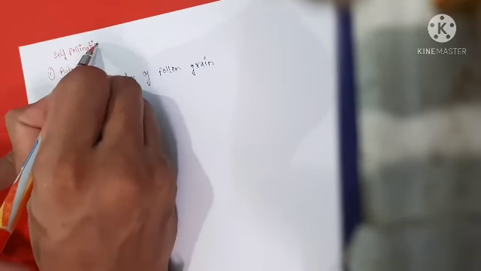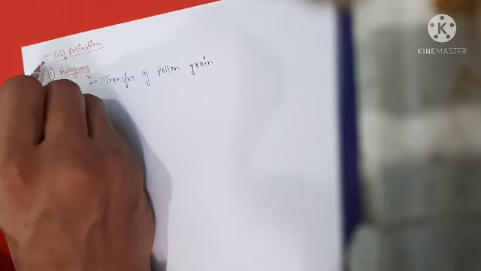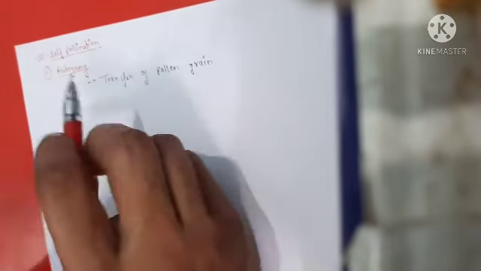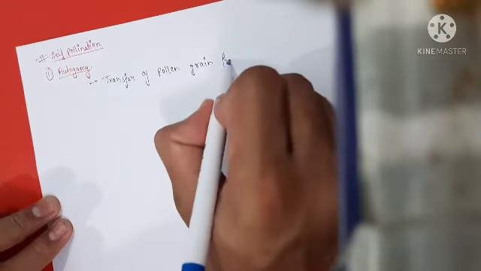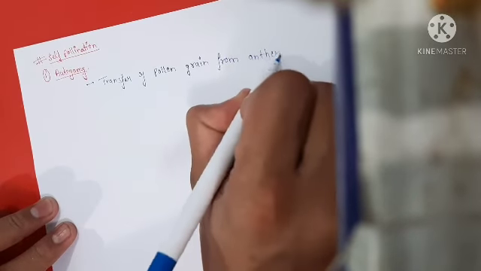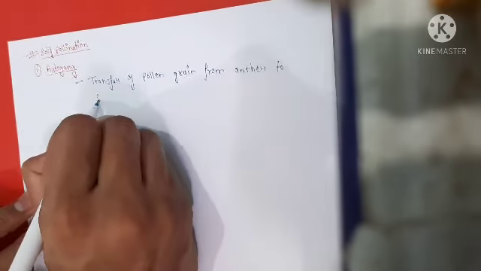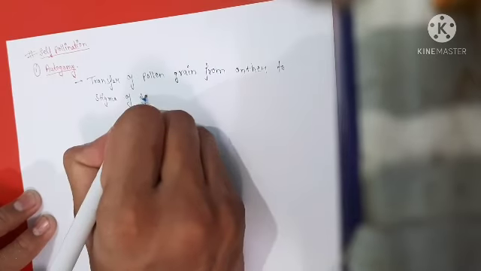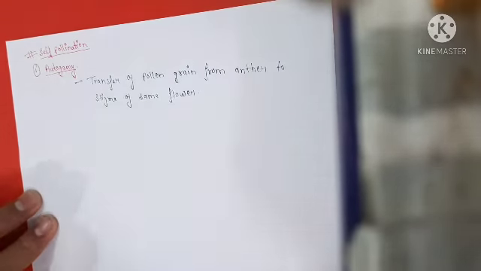Self pollination has two types, one is autogamy, second is geitonogamy. Okay friends, that is called autogamy.